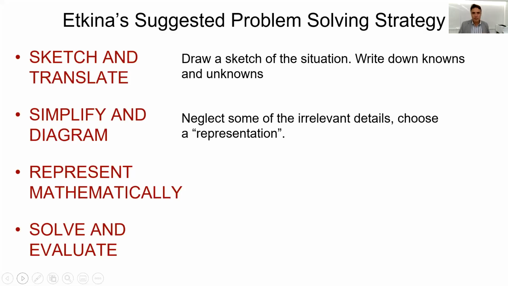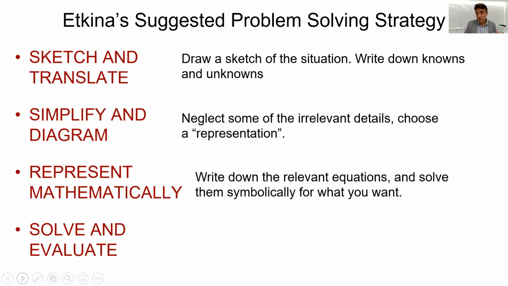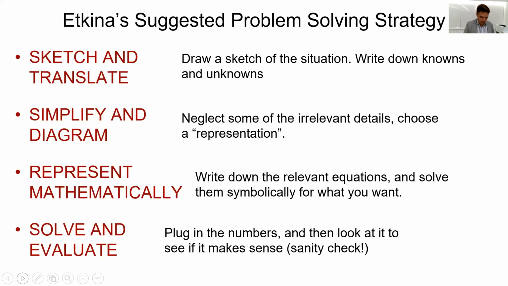Simplify and diagram is where you neglect some of the details which might be irrelevant and choose some sort of representation, which means try to find which chapter you're in and what kind of problem it is. So how you're going to represent these variables and what equations might be important. Represent mathematically is that you write down those equations and try to solve for your unknowns symbolically.